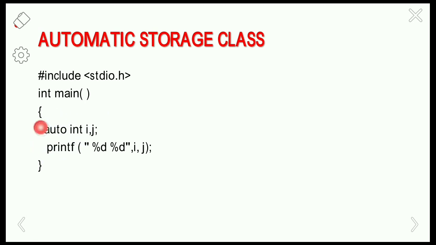So we declare the storage class name of automatic with auto, and print %d, i, j. If you execute this program, it is going to print the values at the memory allocations of i and j.